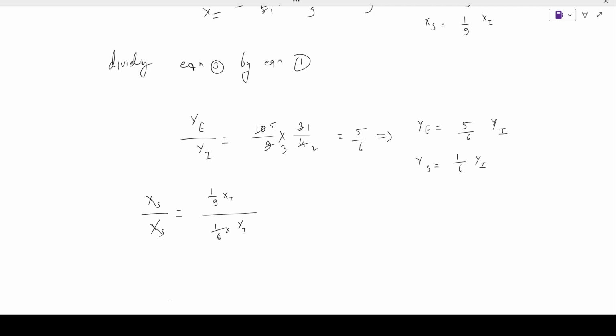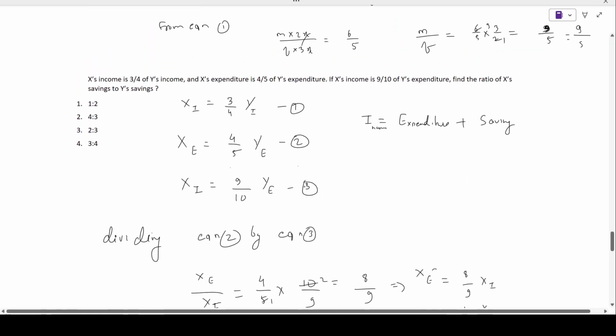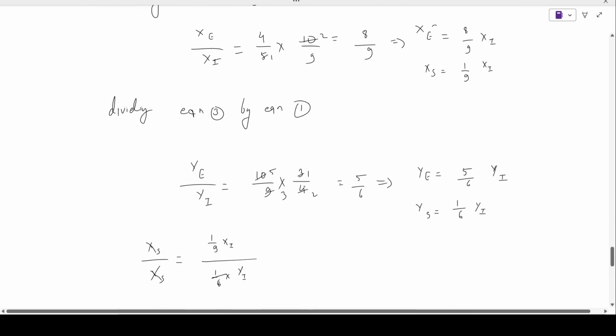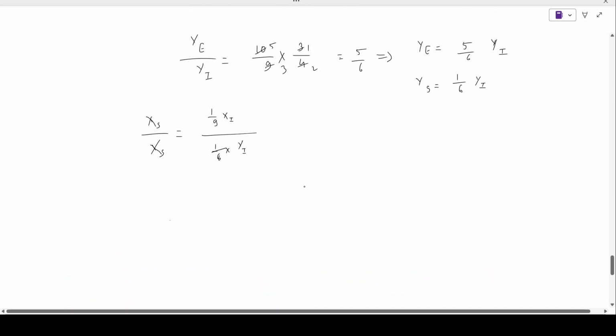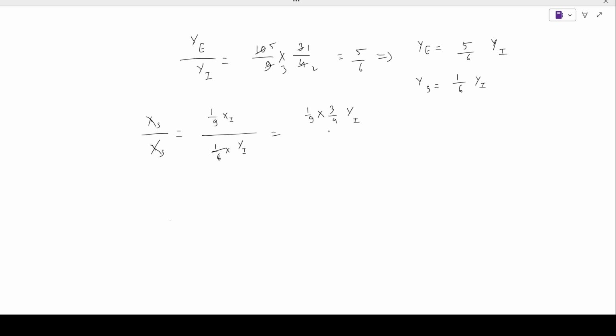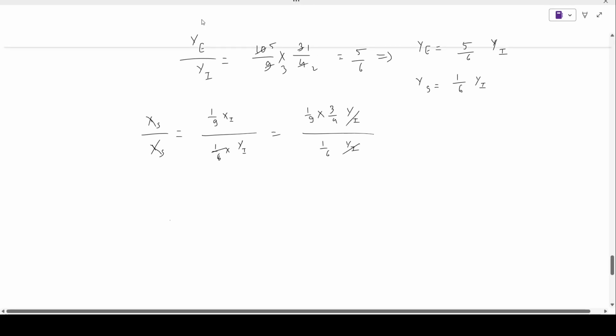Now XI is given in terms of YI: XI is equal to 3 by 4 times of YI. So we have 1 by 9 into 3 by 4 times of Y's income upon 1 by 6 Y's income, which gets cancelled out. Just a second.